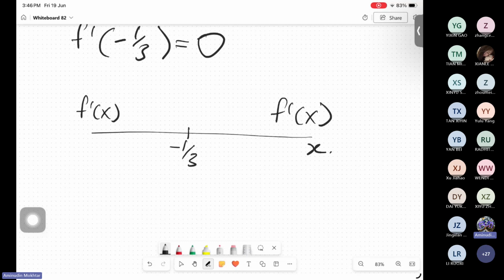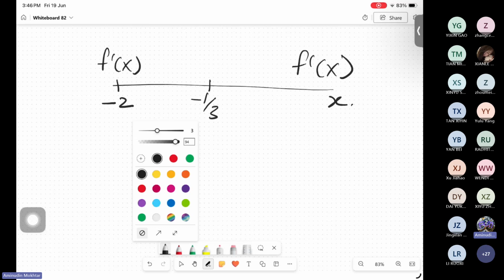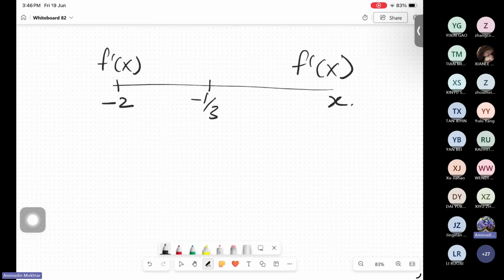First, we need to choose any number of x that is less than negative 1 over 3. For example, let's say I choose negative 2. You can choose any number as long as the value is less than negative 1 over 3.